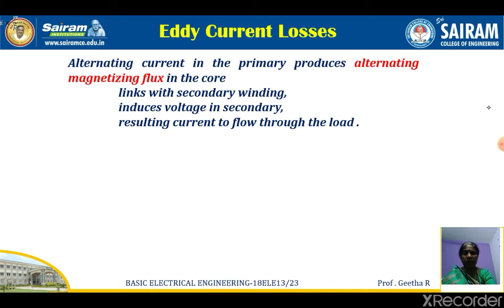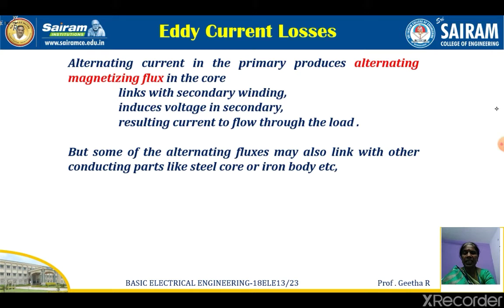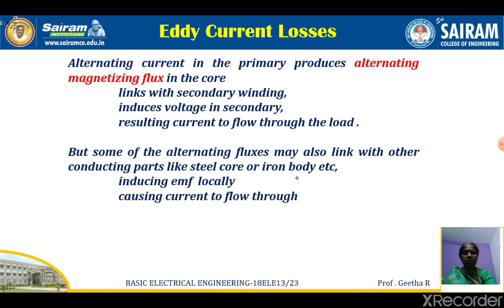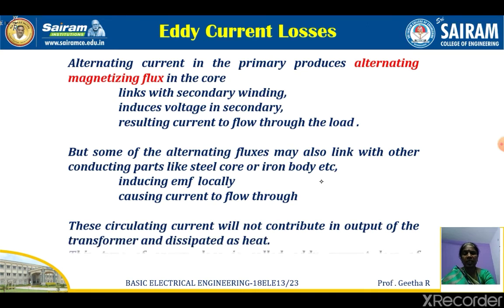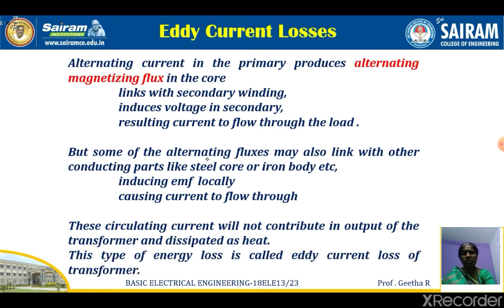It does not only link with the secondary winding, it also links with other conducting parts like the steel core or iron body, inducing EMF locally and causing current to flow. It is nothing but eddy current.